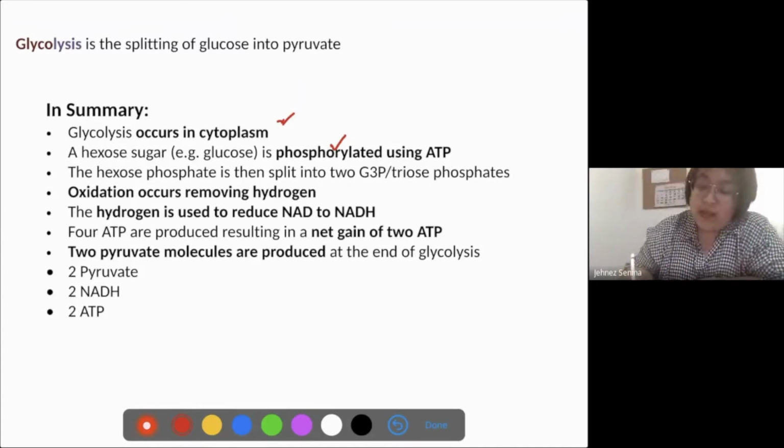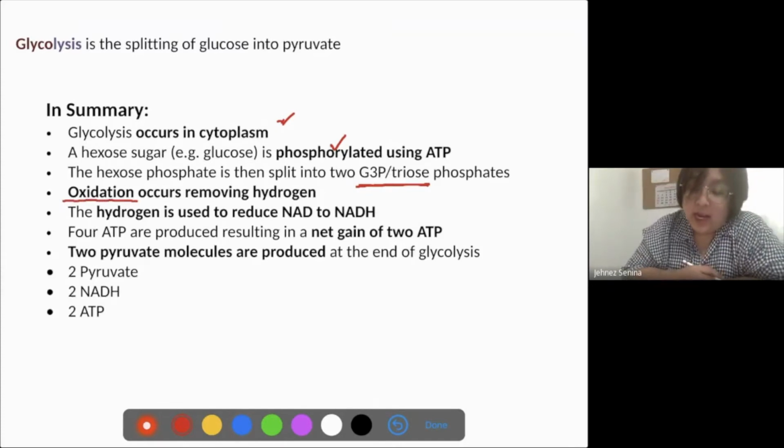The hexose phosphate is split into 2 G3P, or triose phosphates. These triose phosphates will undergo oxidation, and whatever they lost will be received by NAD to form NADH.